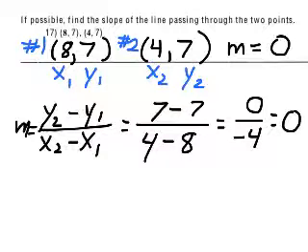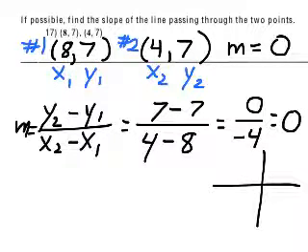And if you look at these points, this should have tipped you off. The y's are always 7. If I made a grid here and say this is 7, we would graph the 2 points, 8, 7 and 4, 7.